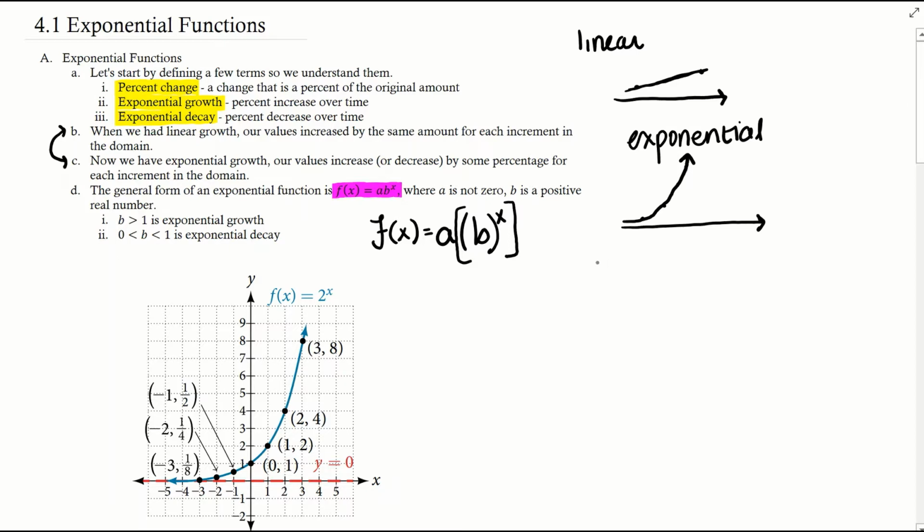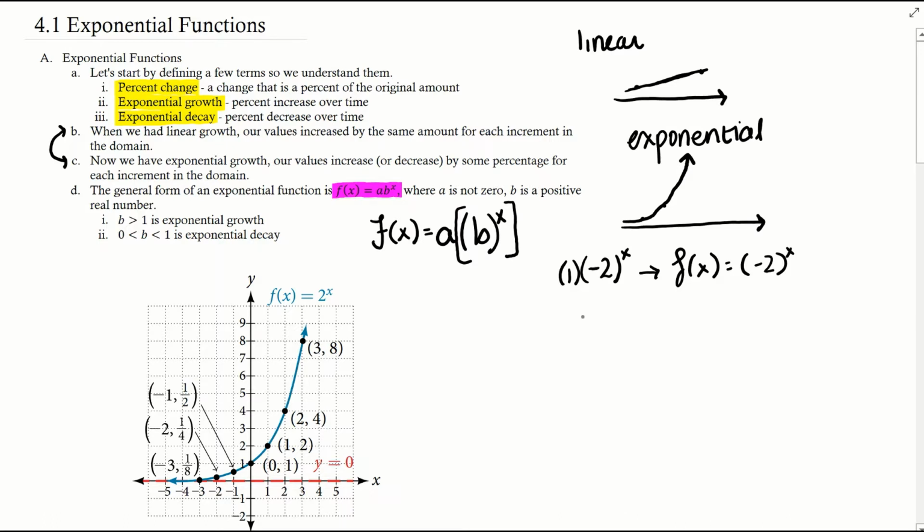So I will show you why. Say b were -2 and a were 1, because a can be 1. So we're going to have f of x equals (-2) to the x.